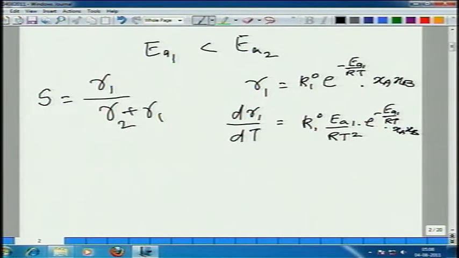This guy out here is nothing but the reaction rate at the original condition. So my reaction rate right now is this much.